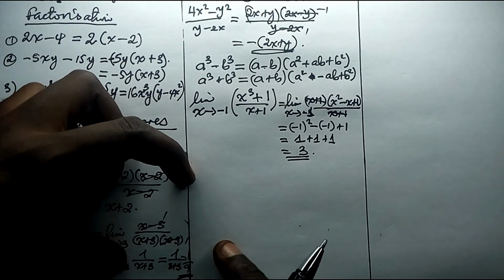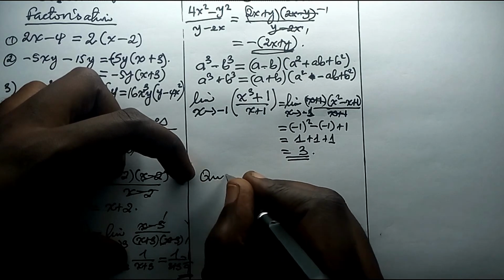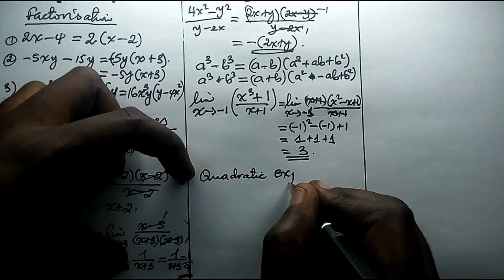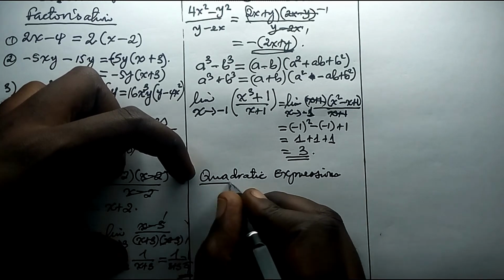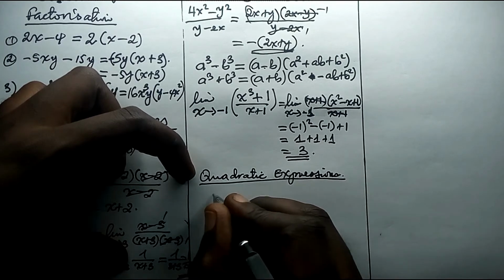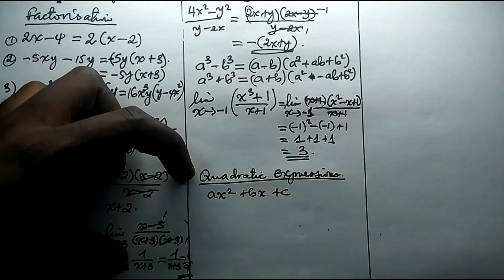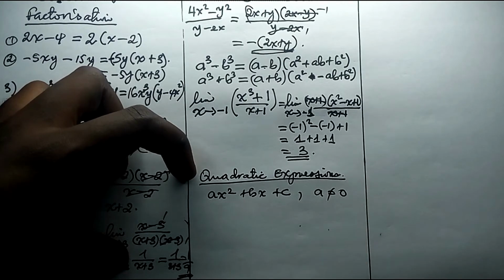Another expression that you would commonly come across when factorizing is quadratic expressions. They are expressions of the form ax squared plus bx plus c, where a should not be 0.